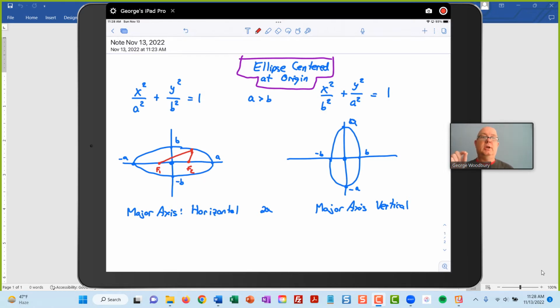So if you have a piece of string and attach it to a board with 2 thumbtacks, pull it tight and trace it around, you'll actually be able to make an ellipse that way, MacGyver style. Anyway, let's do a couple of graphs that are centered at the origin. We'll learn how to translate them around the graph in a later video.